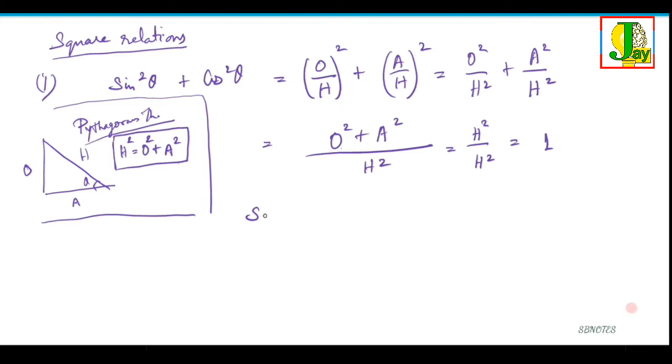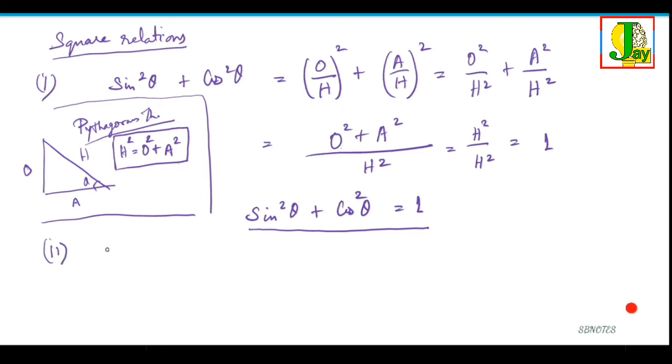Sin square theta plus cos square theta equals to 1. Even if you have 50° or 60°, theta is any angle you have, it doesn't matter. You can simply write sin square theta plus cos square theta equals to 1. This is the first identity of square relation.